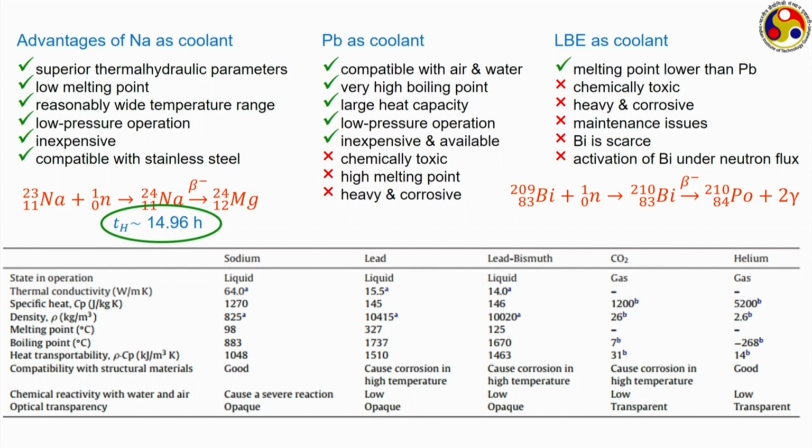Therefore, from the point at which sodium-24 is formed, within about 15 hours, half of those new nuclei will participate in the beta decay to form magnesium, and we can visualize this conversion of sodium-23 to magnesium-24 to be almost direct because of this small half-life, and magnesium-24 is a stable isotope. So, the radioactive effect of sodium-23 inside the reactor is not that significant.